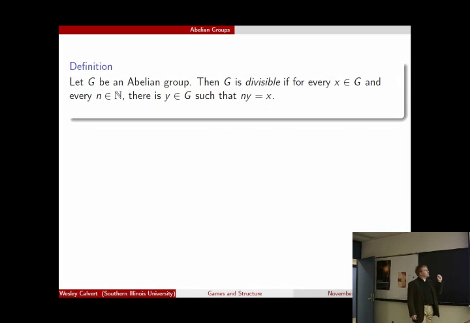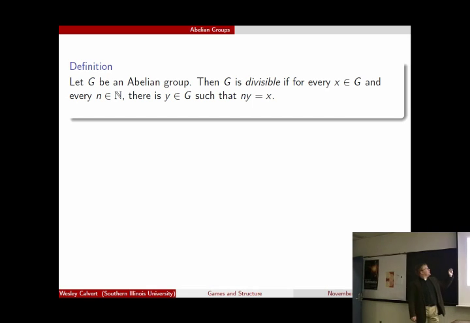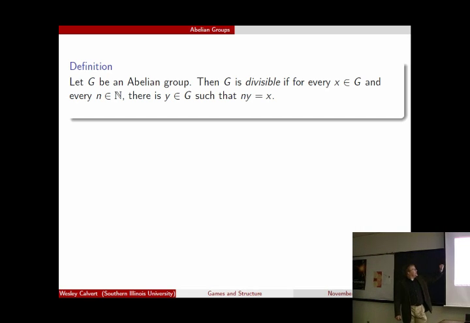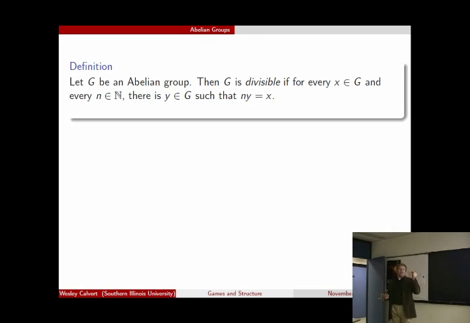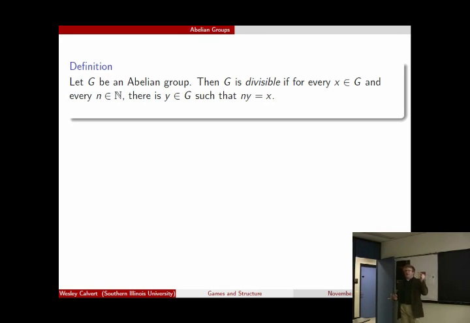Among abelian p-groups, the next big dividing line is divisibility. We say that the group is divisible if every element divides by every natural number. So for instance, in the group of integers, you can't divide 2 by 3 and still be in that group. In the group of rationals, you can divide anything by any natural number you want.